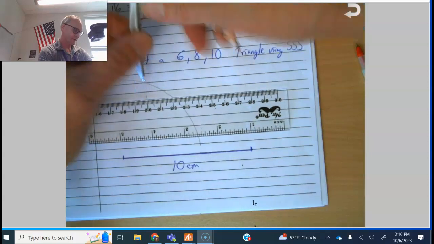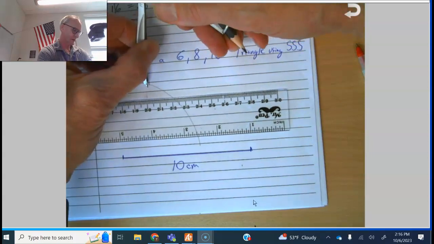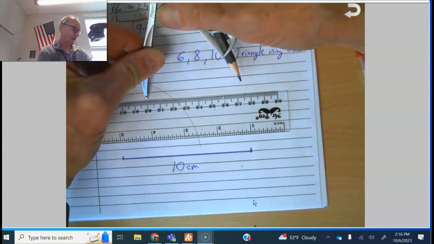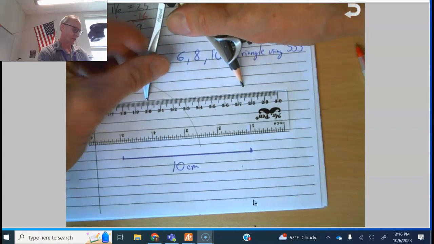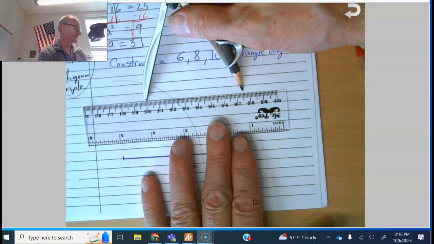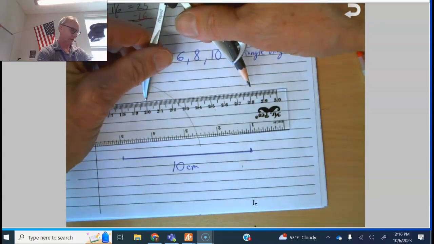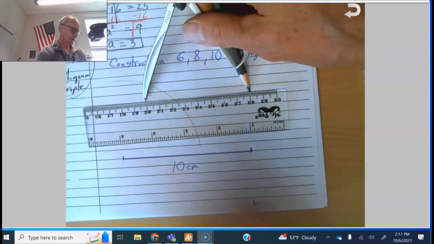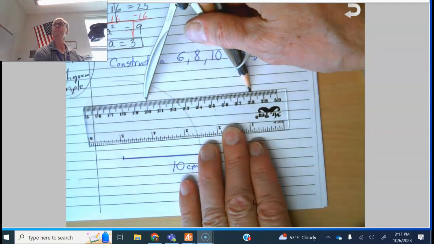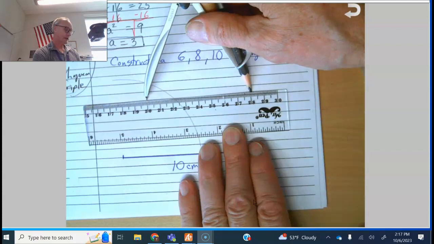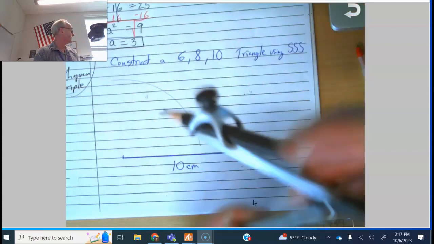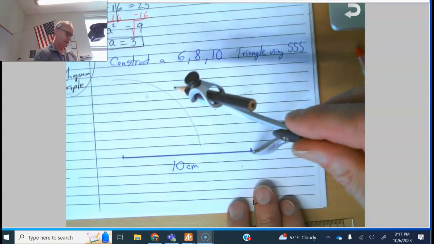I'm not quite there yet. I adjusted them really hard, but it's horrible when they flop around on you. It's really hard to use them. Okay, 20 to 28. There we go. Everybody have 8 centimeters? Got it? So from the other side, we're going to mark the 8 centimeter side.